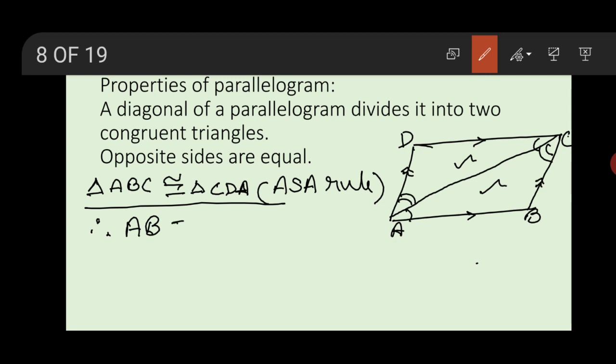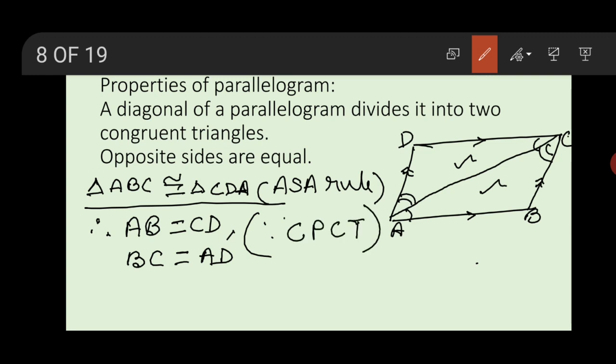Now write down: therefore, AB is equal to CD and also BC is equal to AD. Read the reason: corresponding parts of congruent triangles, CPCT. Hence, we proved this theorem.